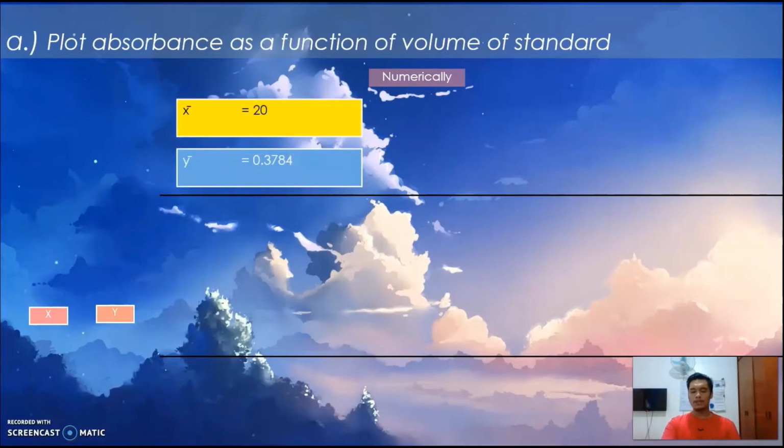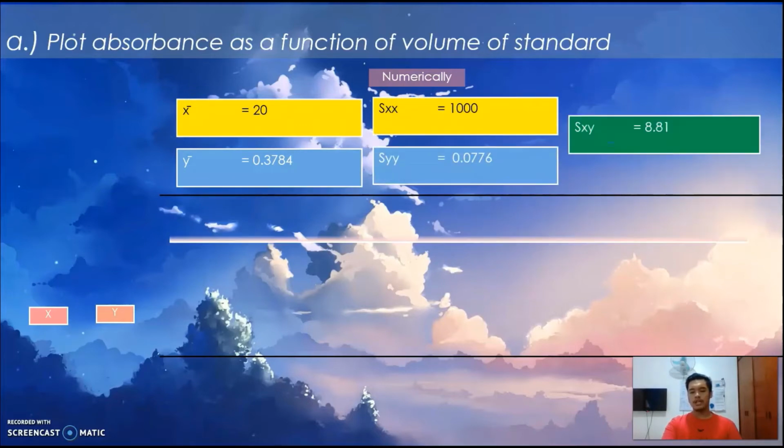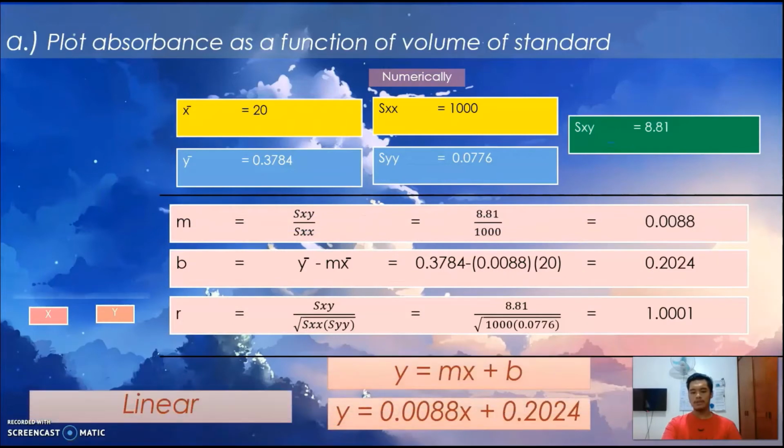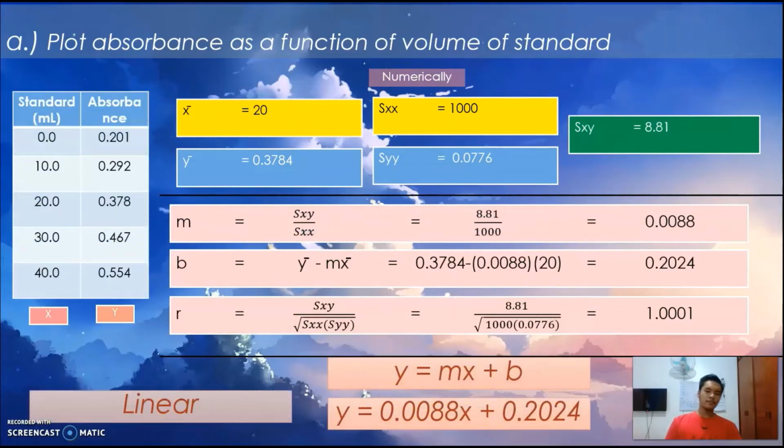Based on the data, the standard will act as the x-axis, the absorbance will act as the y-axis. Therefore, based on the formulas from the sample calculation, we'll have the following data.